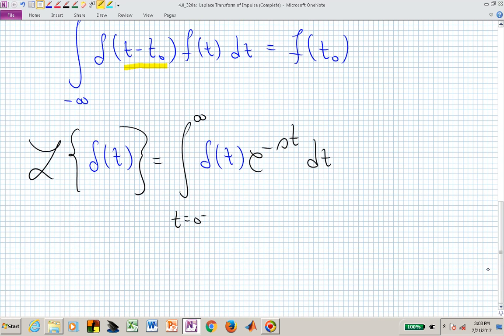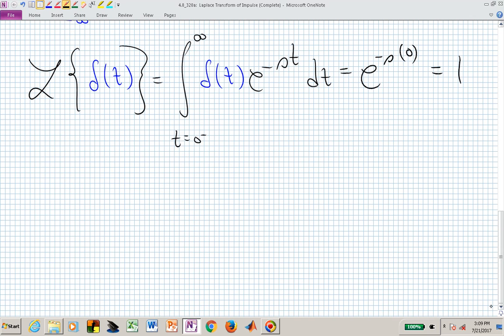In this case, the impulse is active at time t equals 0, so we need to evaluate this function f of t at time t equals 0, and now we have e to the 0, which is 1. So we've learned that the Laplace transform of an impulse will produce, in the frequency domain, a constant value of 1.